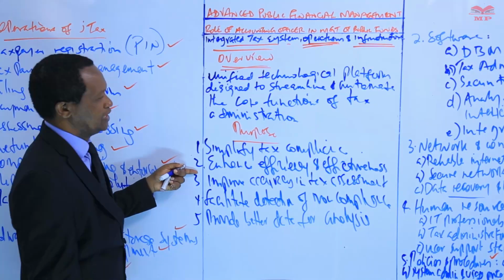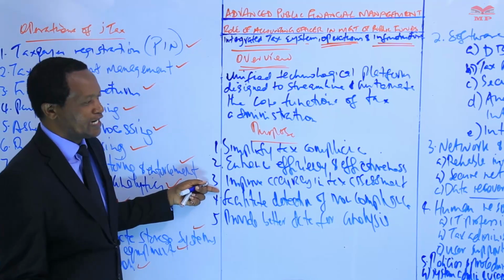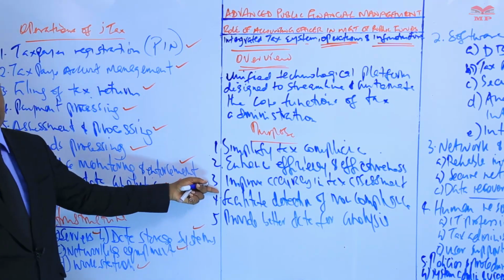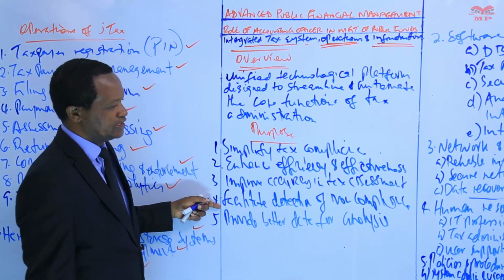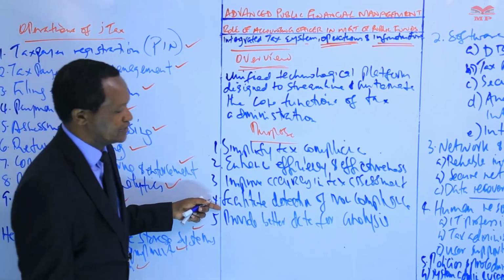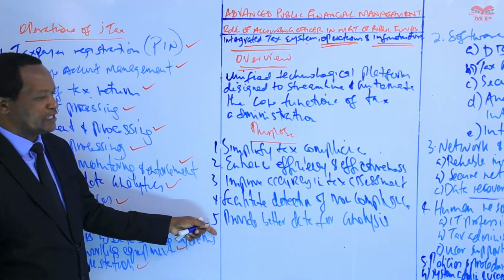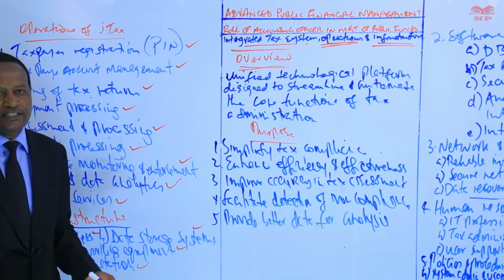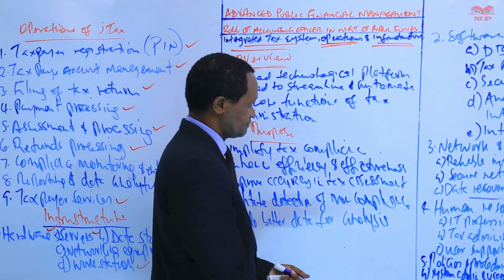Two is to enhance efficiency and effectiveness. Three is to improve accuracy in tax assessment and reporting. Four is to facilitate detection of non-compliance and tax avoidance. Five is to provide better data for analysis, reporting, and policy making.